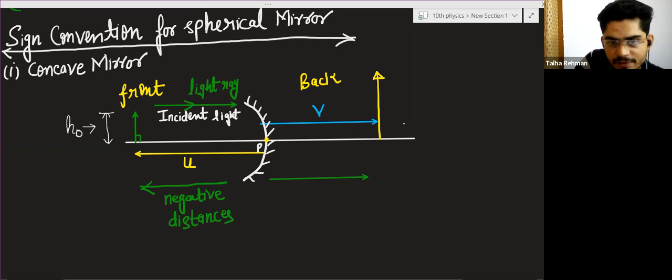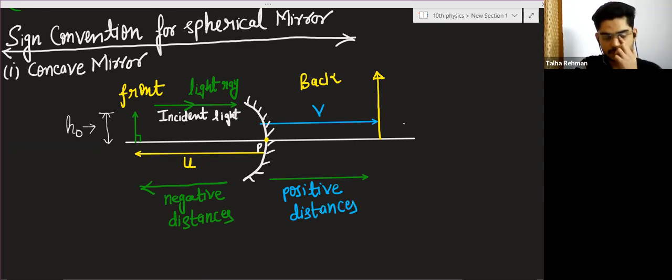We are going in the same direction as incident light, so this image distance should be positive. Don't be confused. Positive distances.